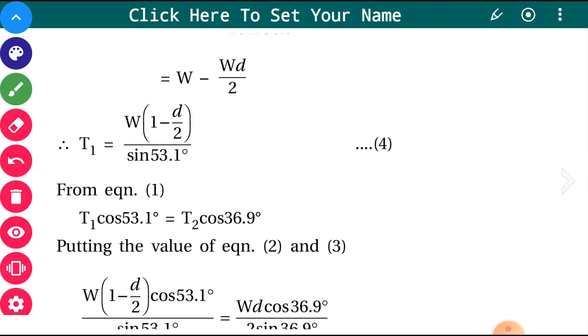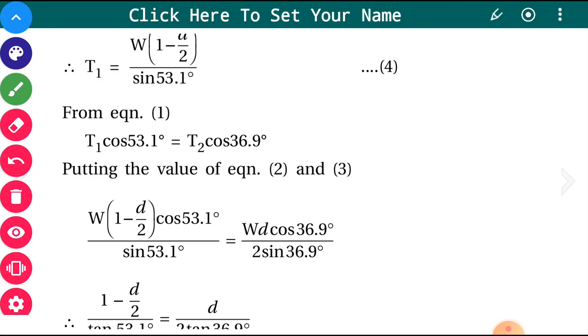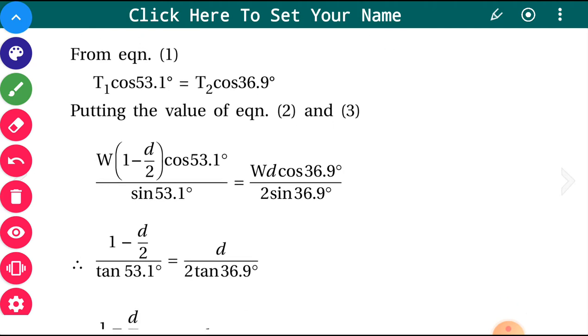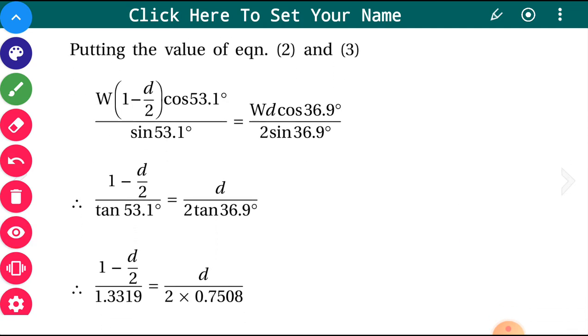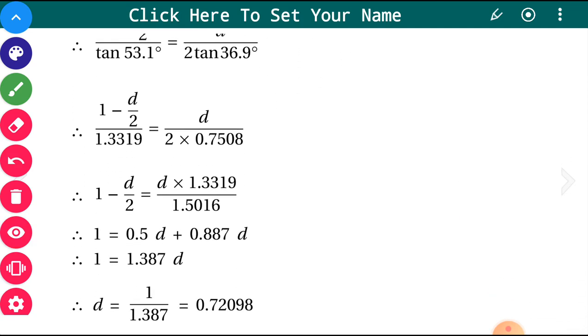Our equation will become W into 1 minus D by 2 cos 53.1 upon sin 53.1 is equal to, and then it is simplified, WD cos 36.9 upon 2 sin 36.9.